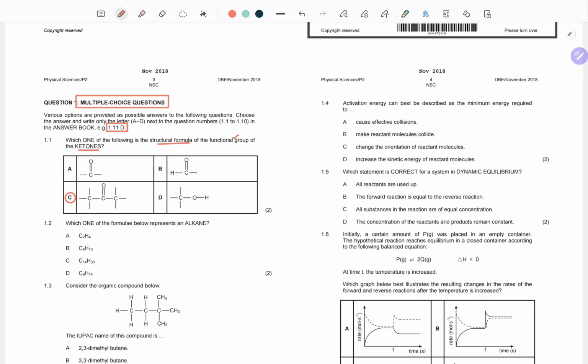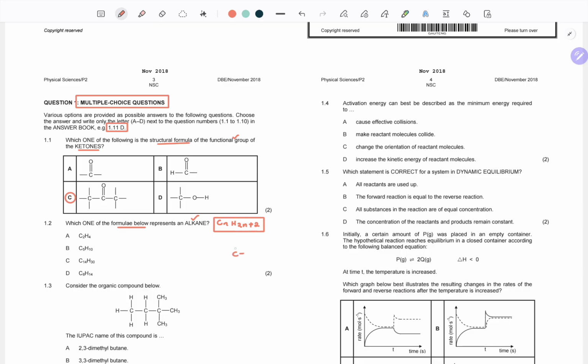Okay, 1.2 says, which one of the formulae below represents an alkane? Okay, now we're given molecular formulae, so to dispel the nonsense, it's going to be the general formula. All right, so this is the general formula for alkanes, and of course you may not remember.